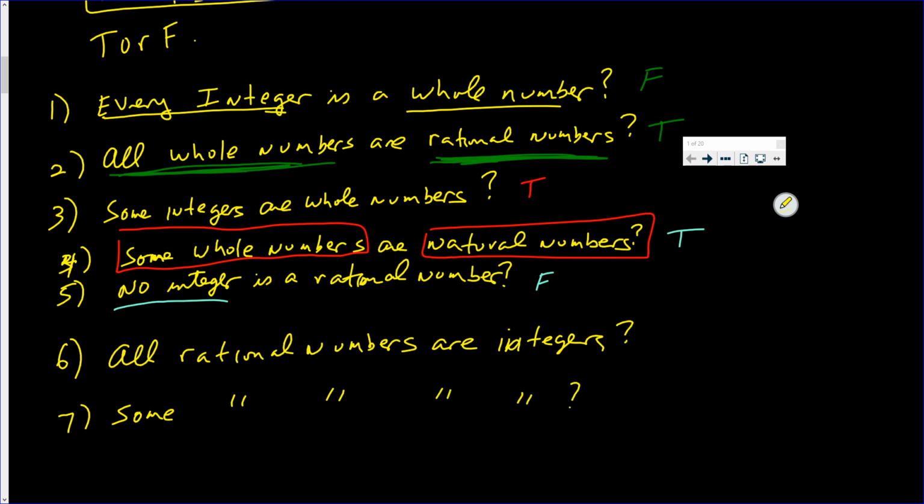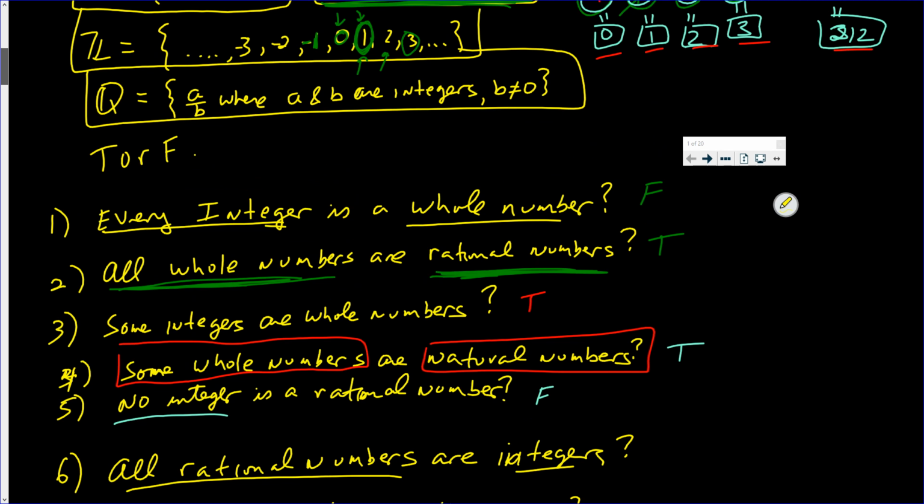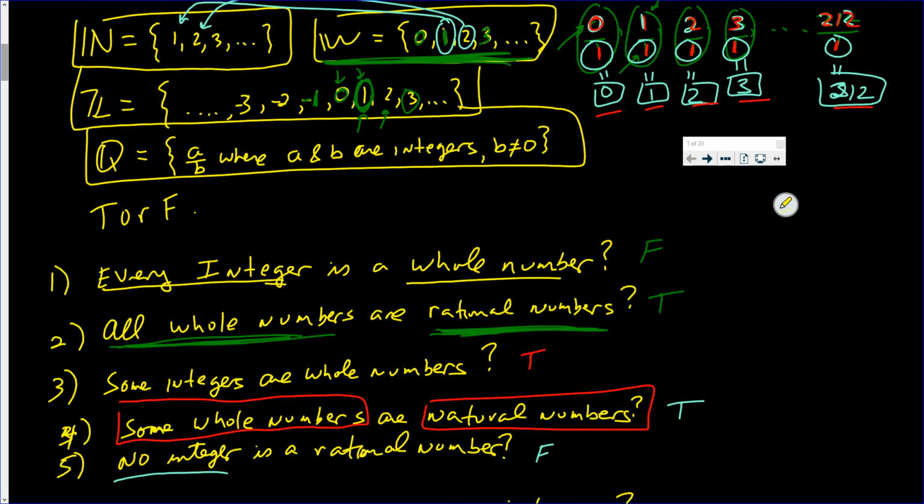Well, this says each and every rational number is an integer. Well, no. 3 over 2 is a rational number because the top is an integer, the bottom's an integer, and the bottom's not 0. 3 over 2 is a rational number. Good luck trying to find it in the set Z.